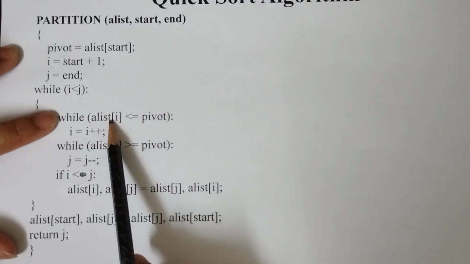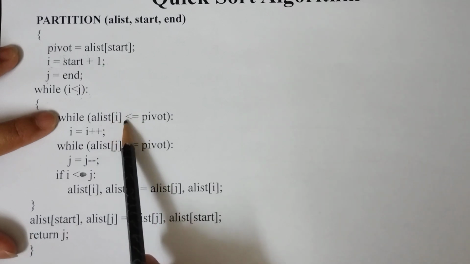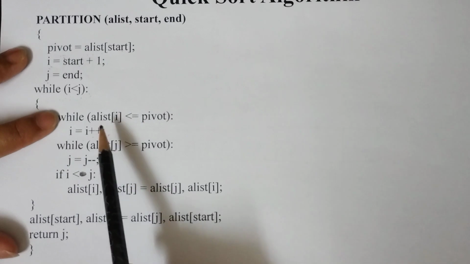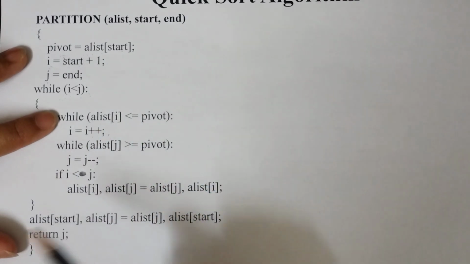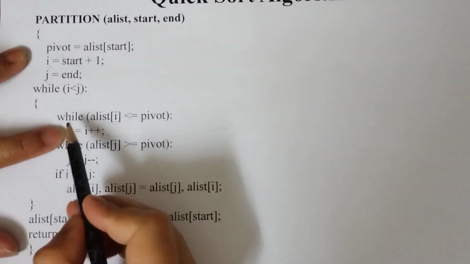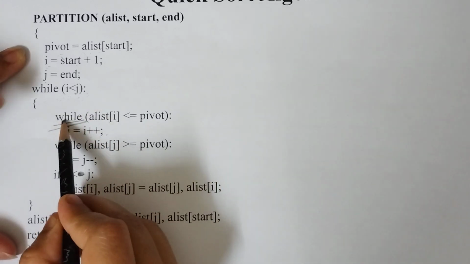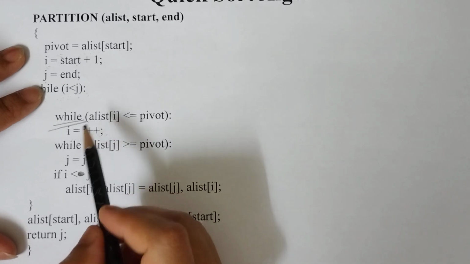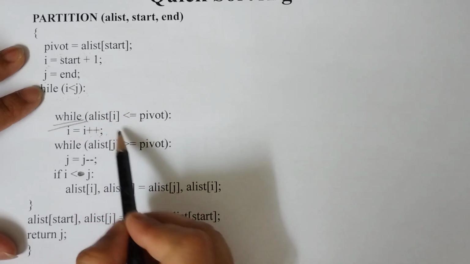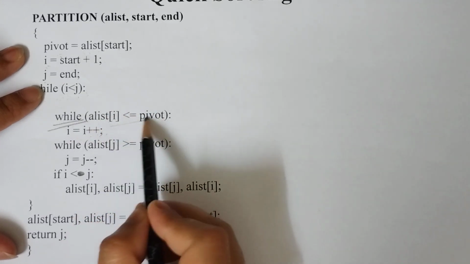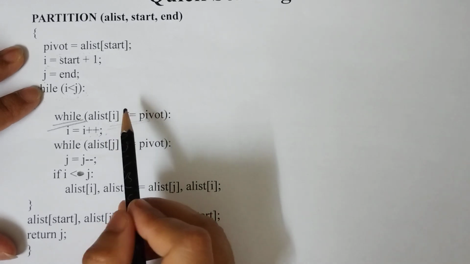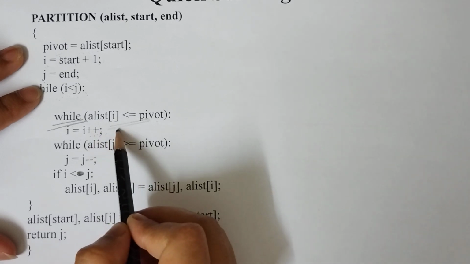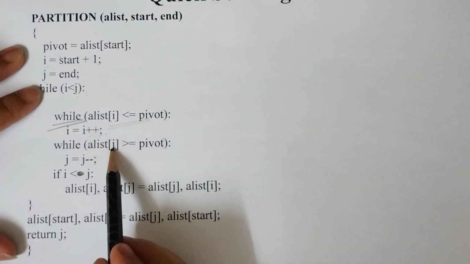If the element at the ith index is less than or equal to pivot, you perform i plus plus. Here I am using a while loop, checking the condition and performing i plus plus repeatedly until this condition fails. Once the condition fails, you stop incrementing and proceed with the jth element.